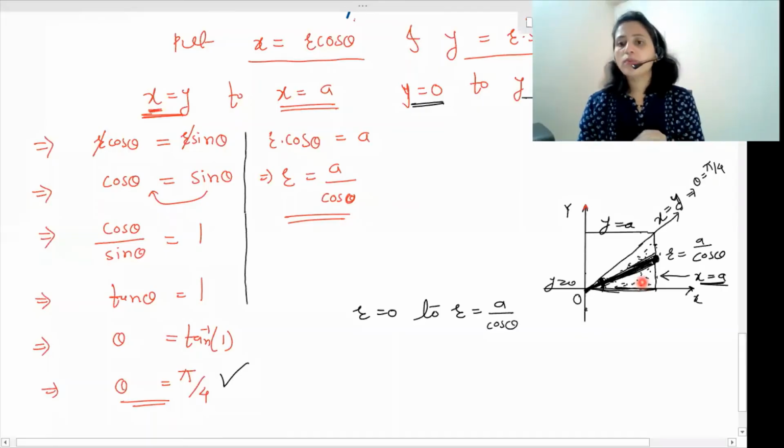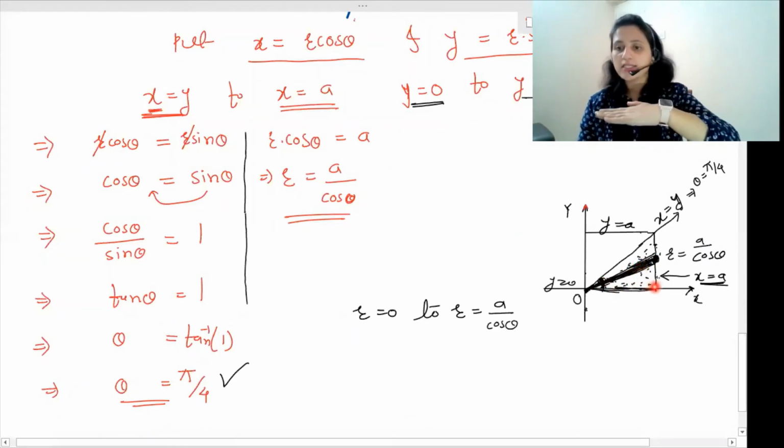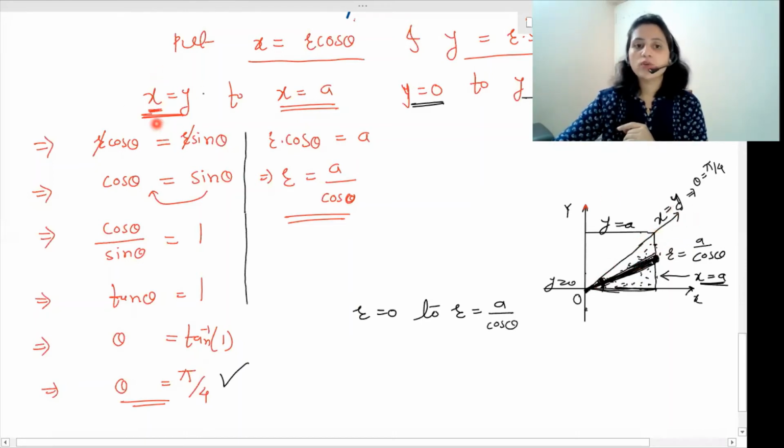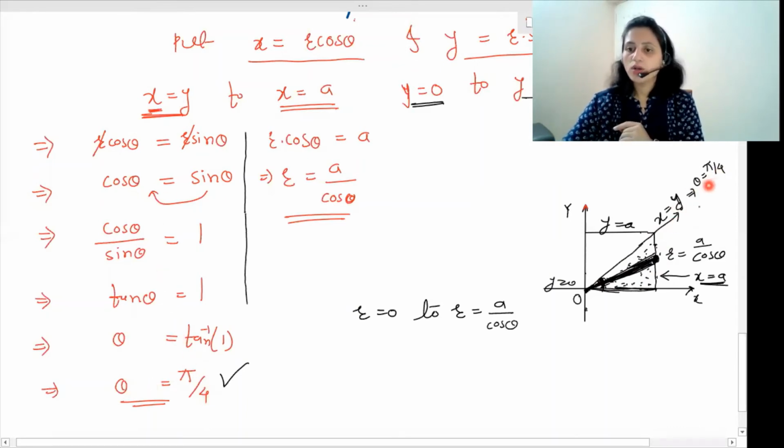To get the new limits for theta, we have to move this strip from the x-axis to the line x equal to y. When we solve the x equal to y equation, we get theta equal to pi by 4. So what are the new limits for theta?